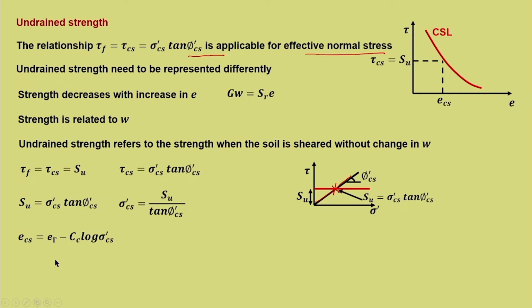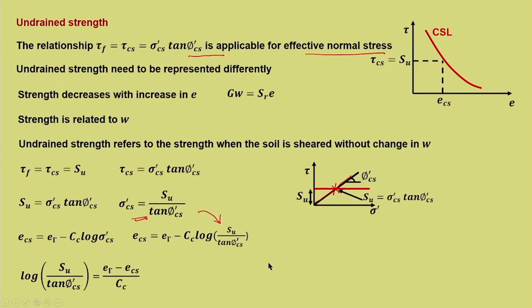We also have the relationship ECS is equal to E gamma minus Cc log sigma dash Cs. This comes from our previous lecture. So, please refer back. We can write ECS is equal to E gamma minus Cc log sigma dash Cs, and we can substitute it here, so we have Su upon tan phi dash Cs.